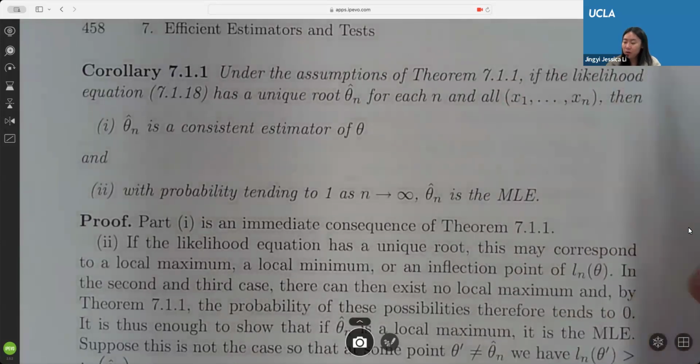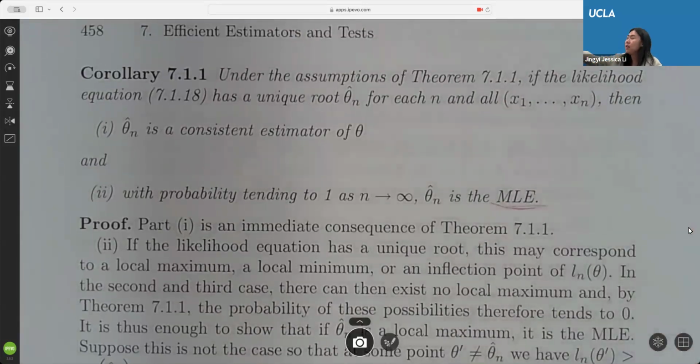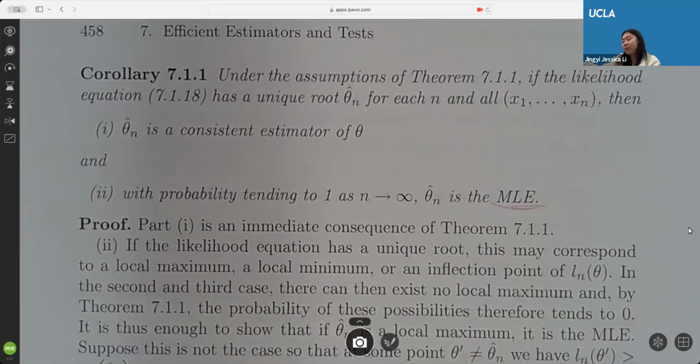Even though setting the first derivative to 0 only guarantees a local maximum, this local maximum is the MLE as n goes to infinity.